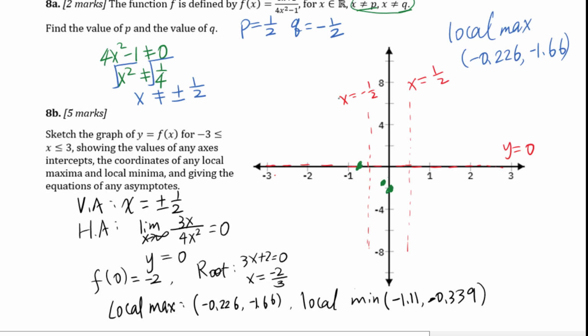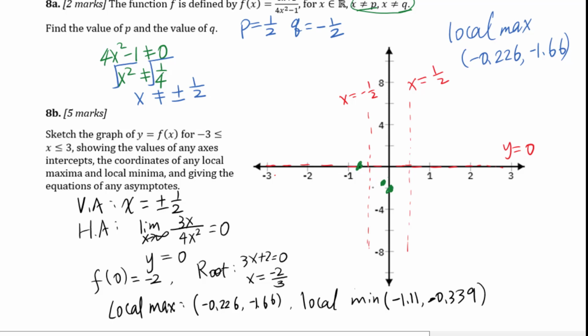After we figure out the local maximum and the local minimum, we will sketch the graph. First of all, sketch the vertical asymptote lines, x equals negative 1 over 2 and x equals 1 over 2. For the x-intercept, negative 2 over 3, estimate over here. For the y-intercept, negative 2.